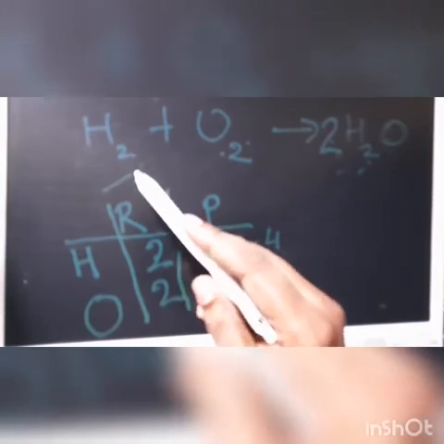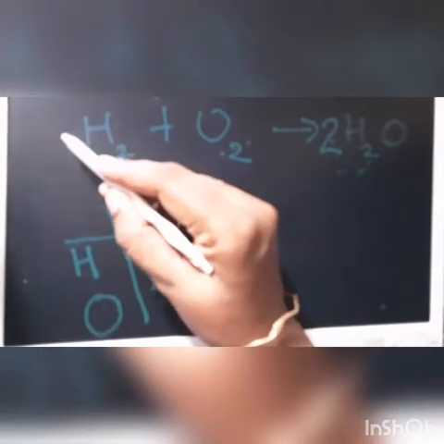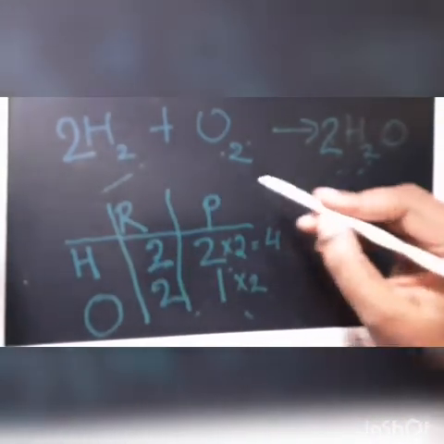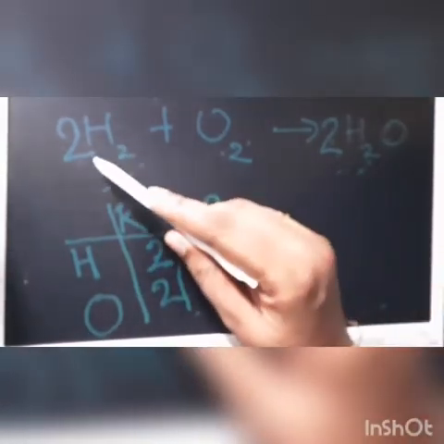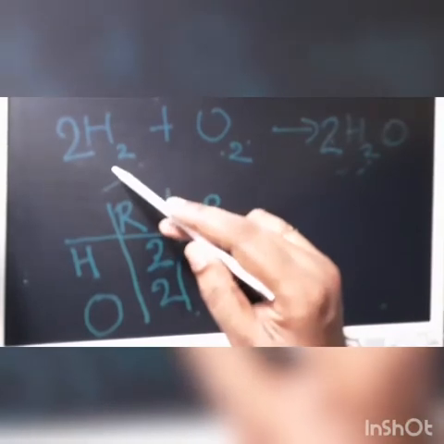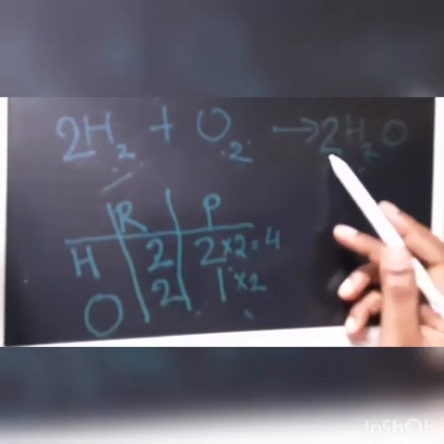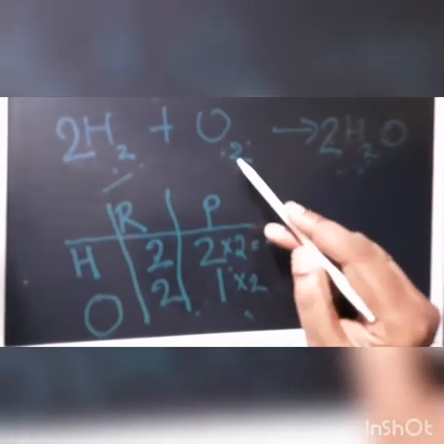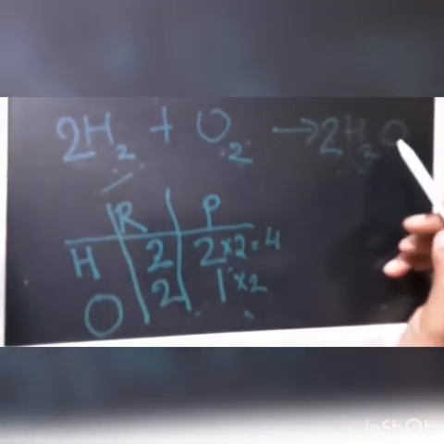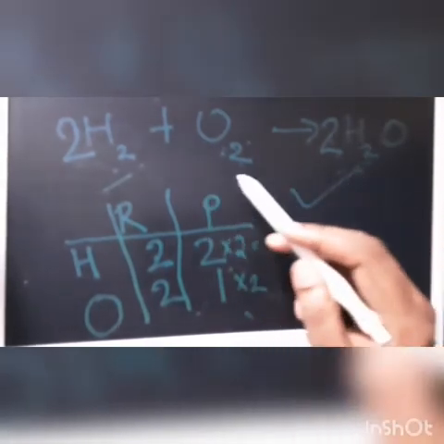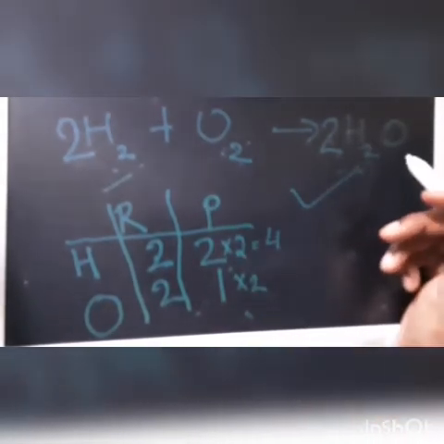This is 2 into 2, so I will put the 2 in front of the hydrogen. Now hydrogen is 4 in the reactant side and 4 in the product side. Oxygen is 2 in the reactant side and 2 in the product side. Thus my equation is balanced.